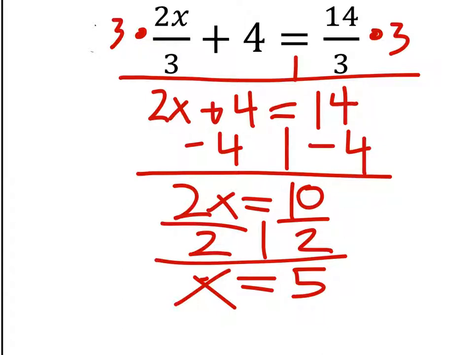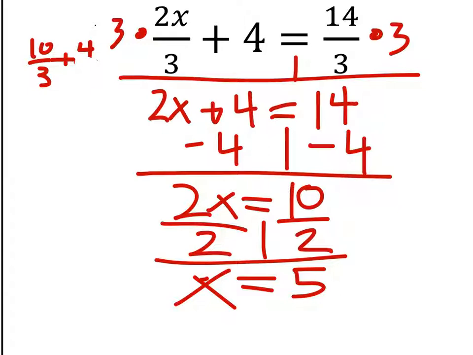Hold on, though, Gavin. We'll come to you in a sec, okay? Let's check this thing, all right? So up here we got 2x over 3 plus 4 should equal 14/3. So if x is 5, then we got 2 times 5, which is 10, over 3 plus 4, right? It needs to equal 14/3. Well, we need common denominators to add those two, the 10/3 and the 4.